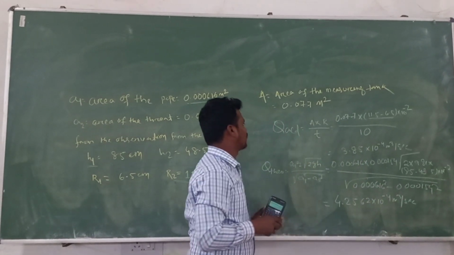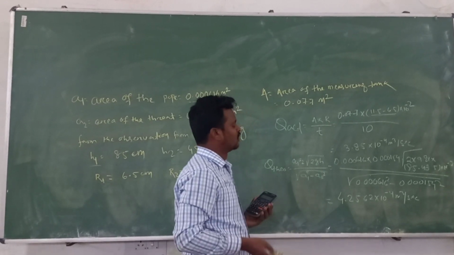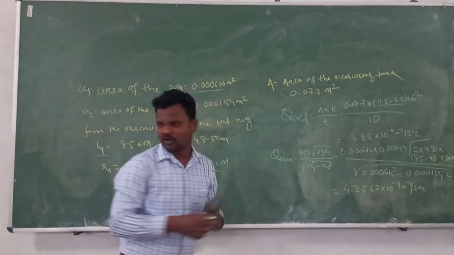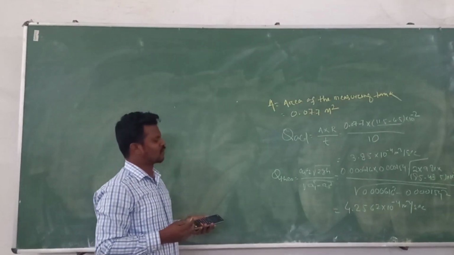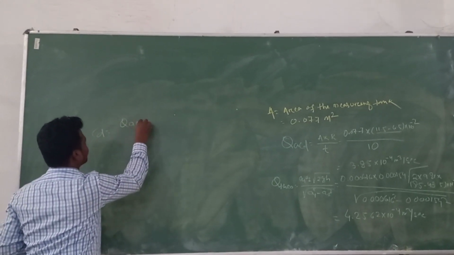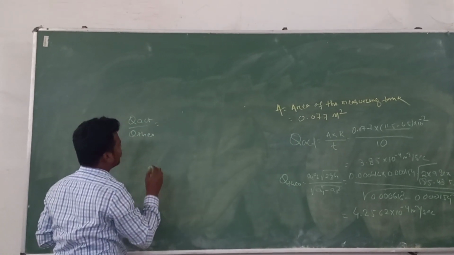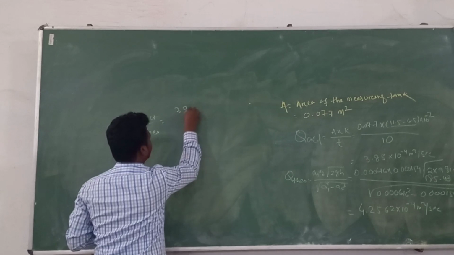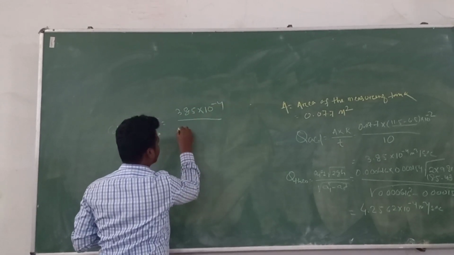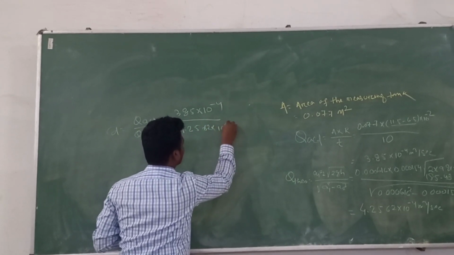So we have calculated the value of actual flow rate and the theoretical flow rate. Now let's calculate the value of CD, which is the coefficient of discharge. CD is the ratio of actual flow rate to the theoretical flow rate. So from the experiment we have found the value of actual flow rate to be 3.85 into 10 to the minus 4, and the value of theoretical flow rate is 4.2562 into 10 to the minus 4.